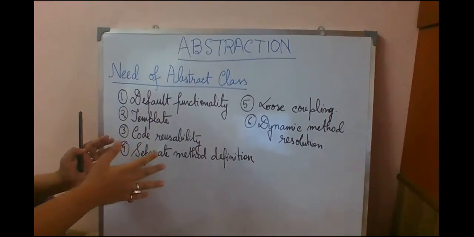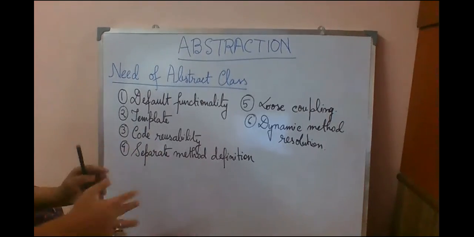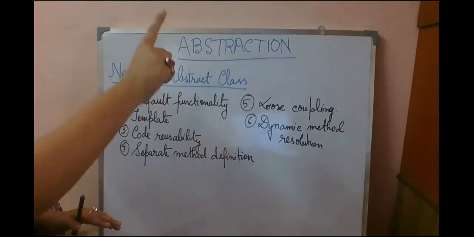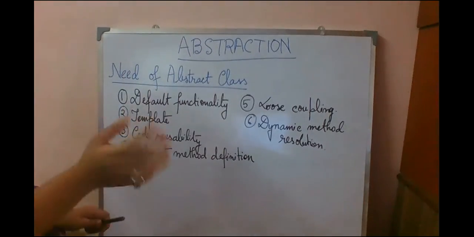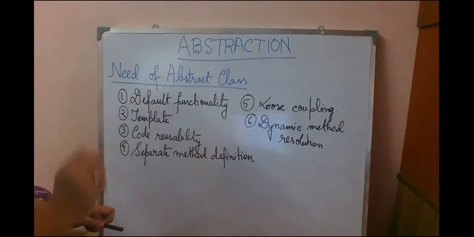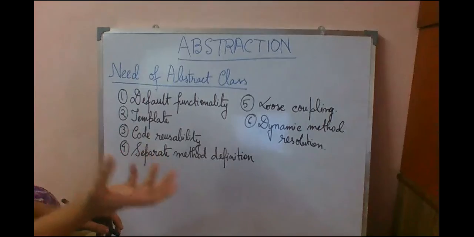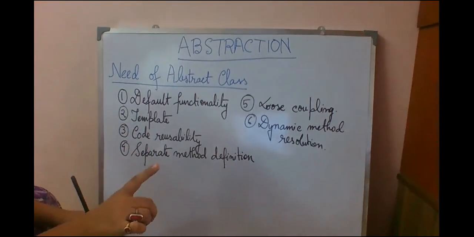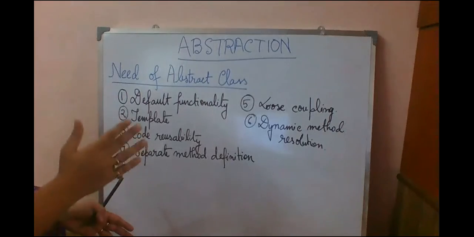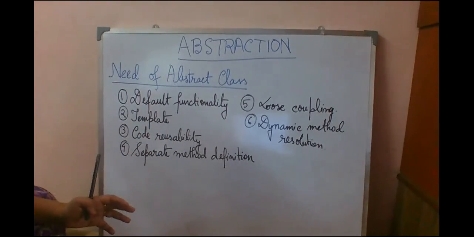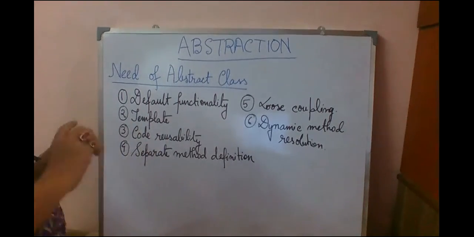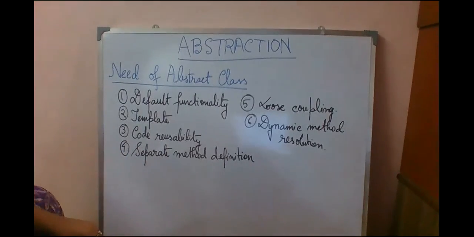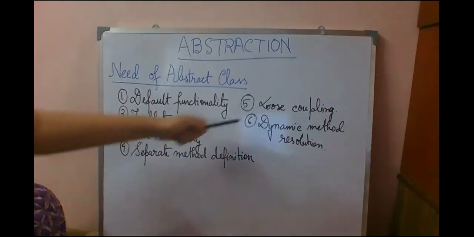So in one subclass, whatever the method definition is, it is separated from the method definition of another subclass which is inheriting the abstract class, and also the abstract class which is holding the blueprint of the abstract method. That abstract method also does not have to go through any change on the coding part. It can straight away get the definition of the code of that particular method in the extended subclass, right? Okay. Next thing is that loose coupling.